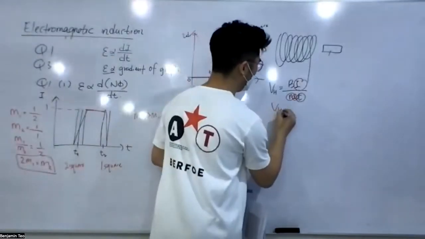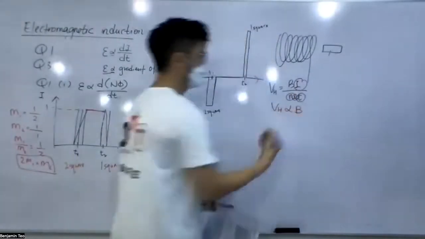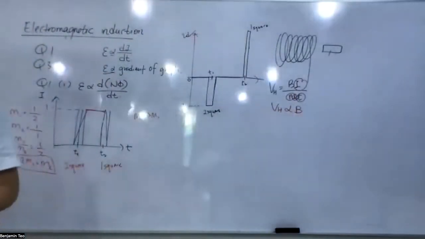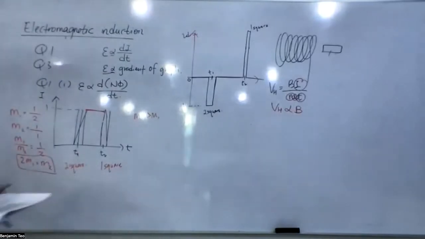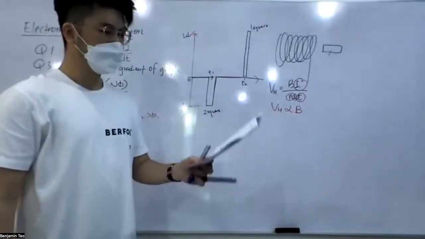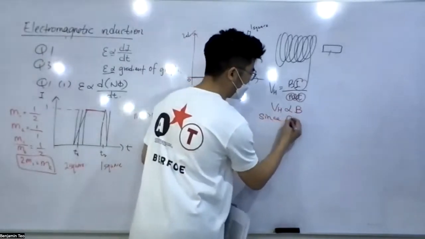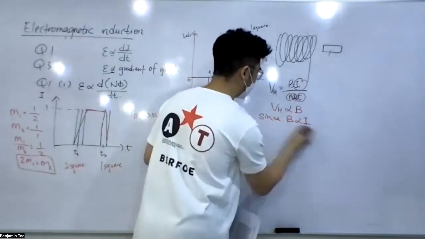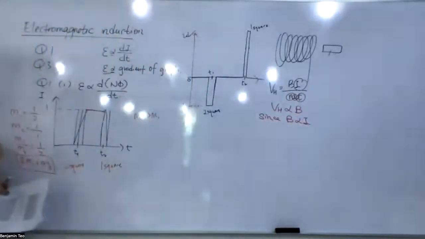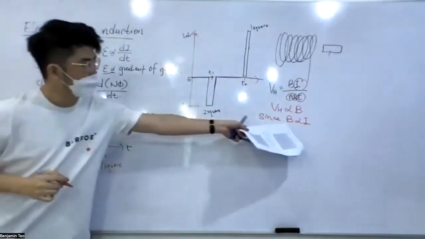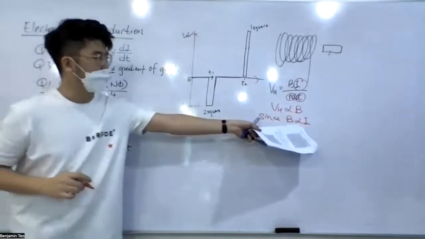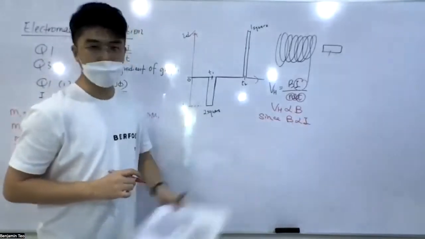So VH is proportional to B, and also we know B is proportional to I. Again, where does this come from? This is the current and magnetic field. The larger the current, the larger its magnetic field.